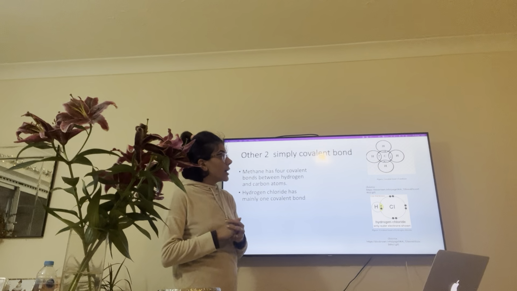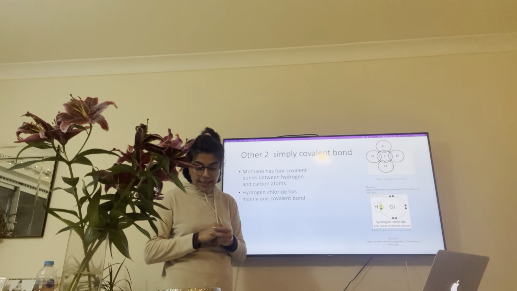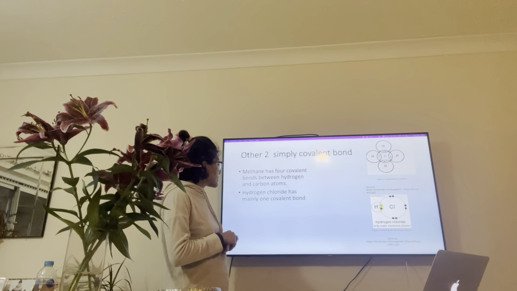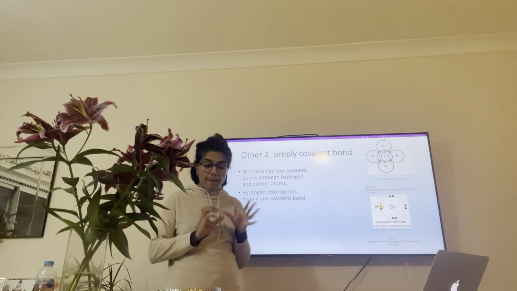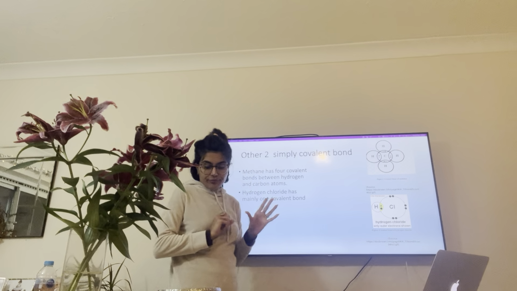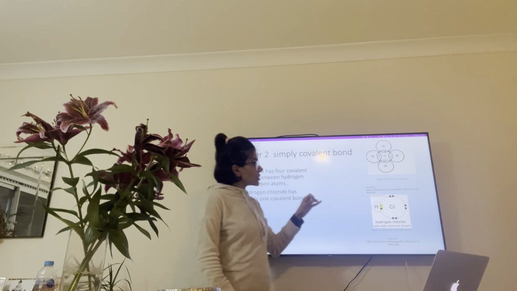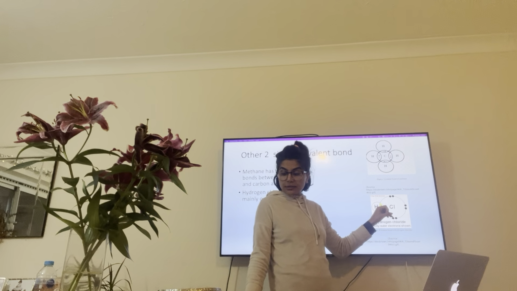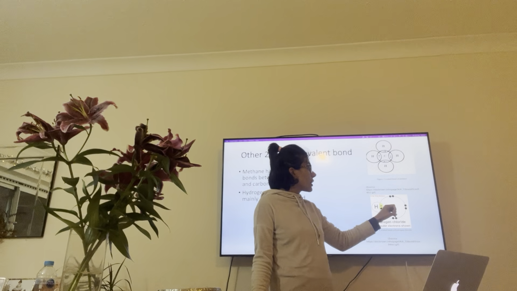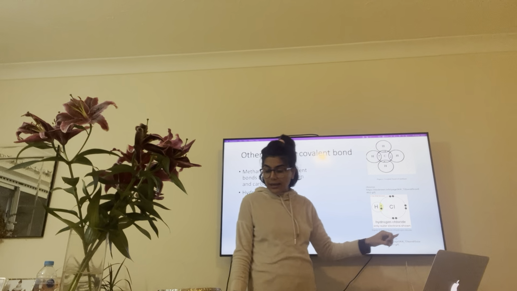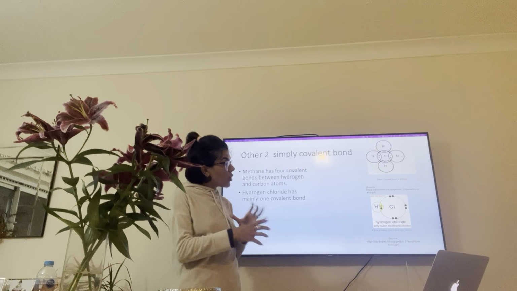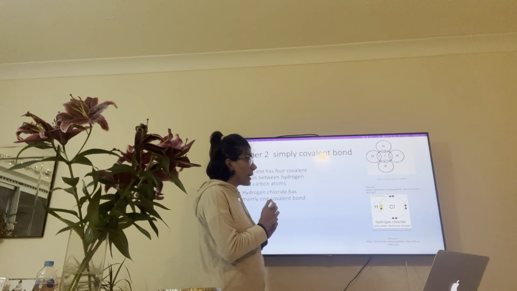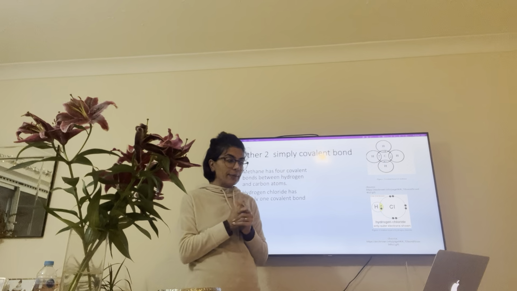Hydrogen chloride has mainly 1 covalent bond, because hydrogen has just one electron, and chlorine has 7. Because of that, they can make just 1 covalent bond together.